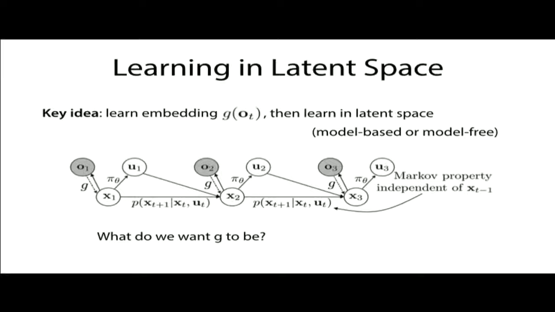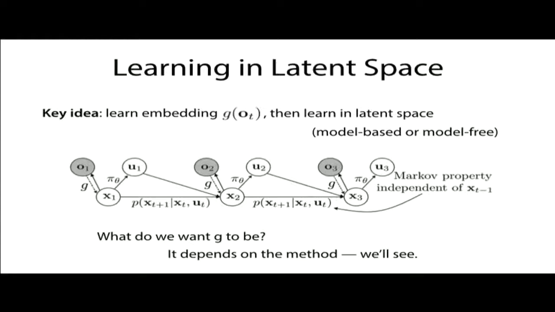We don't necessarily know the ground truth latent state, and it could be a number of things. You could have a number of representations for your latent space. It turns out that what we want G to be is going to depend on the problem and the way that we're actually going to be using G of O, as we'll see next.